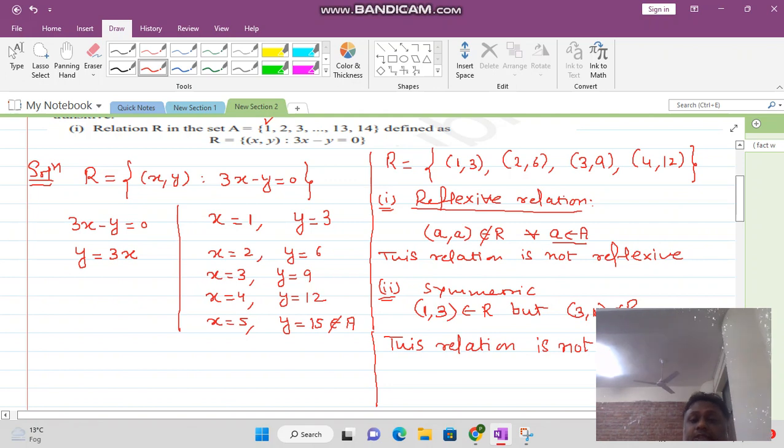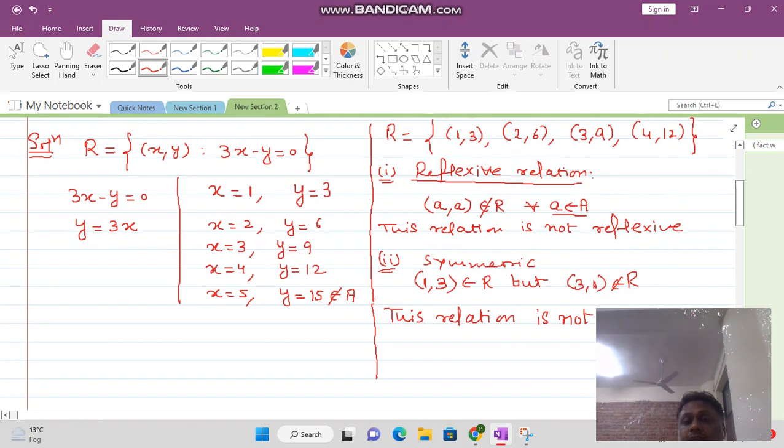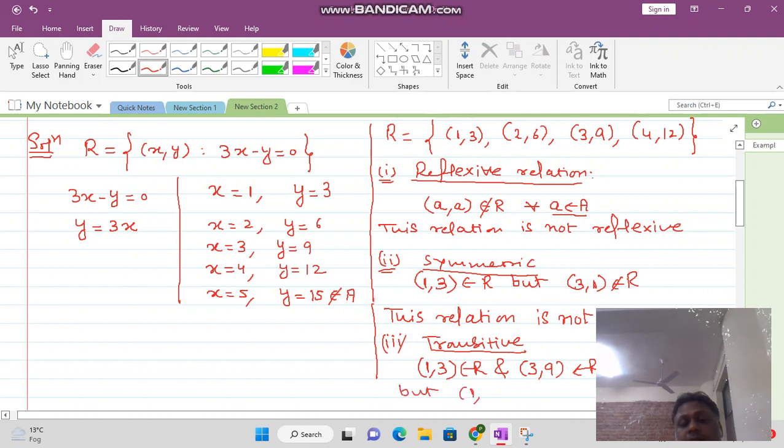Now next we talk about the transitive relation. Number 3, transitive. So you see that here (1, 3) is a member of the relation, and (3, 9) is also a member of the relation, but (1, 9) is not a member of the relation. So what does it mean?